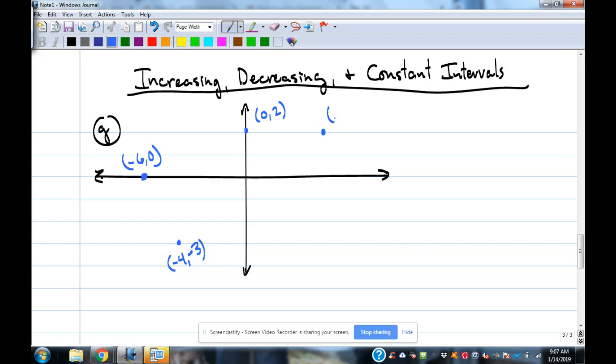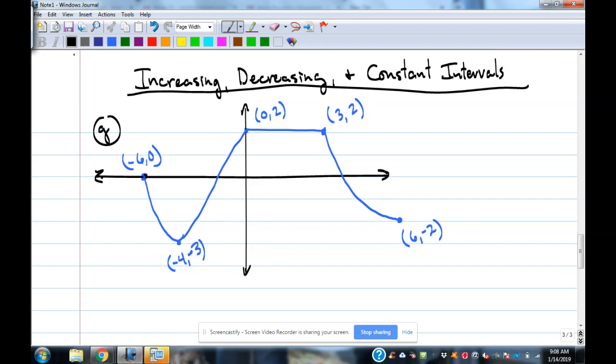And another one here, 3, 2. And then 6, -2. So I'm going to draw the weird looking graph that goes with this. Okay. Yeah, that's what's going on.